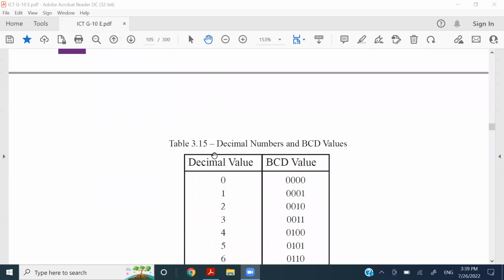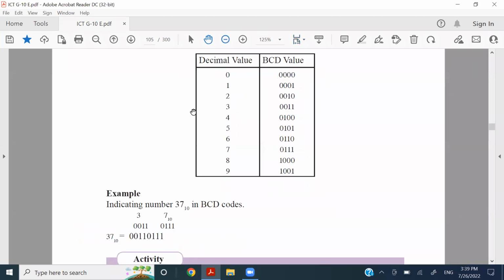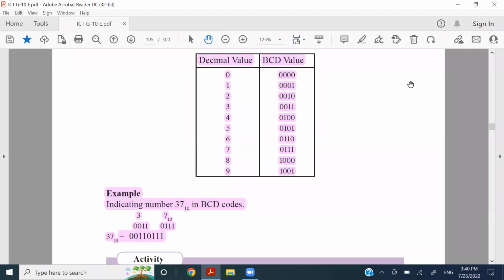If you are done with this sentence, you have to copy down this table plus the example. You may finish it off, people.